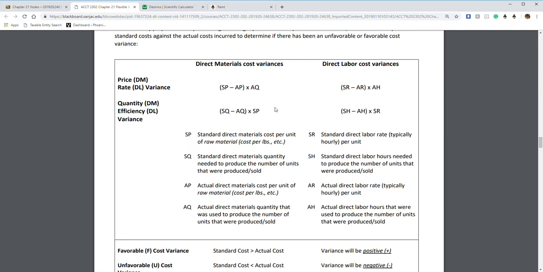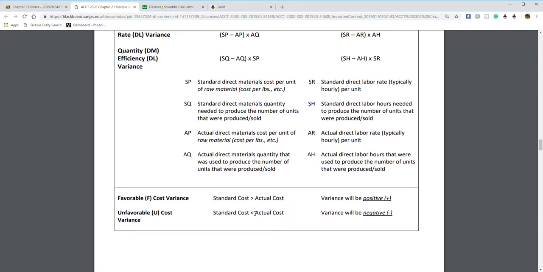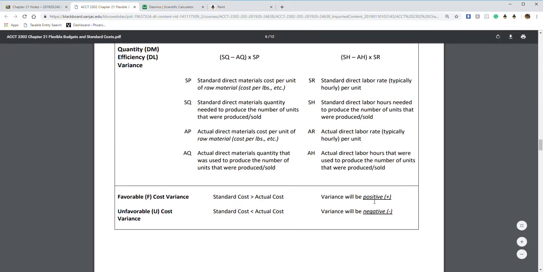But if it's the opposite, this is going to produce a positive. Means standard is greater than actual, then it's a favorable. So positive's good, negative's bad. Again, favorable variance will be positive, unfavorable variance will be negative.